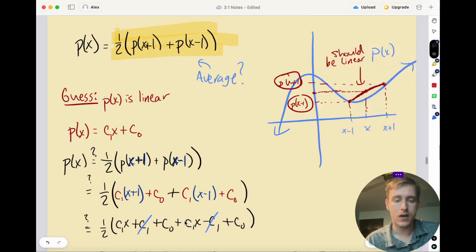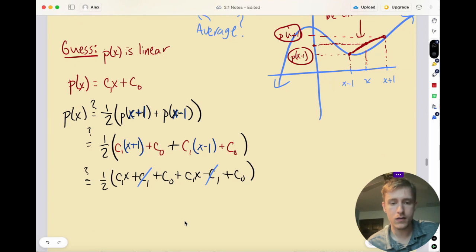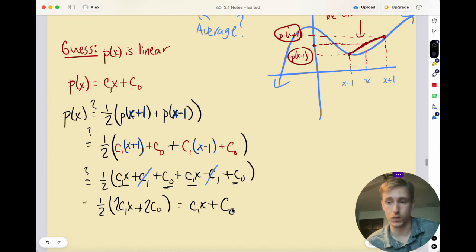And then what do I have? Well, I have two c1x's, and I also have two c0s. So this is just equal to c1x plus c0, which was p of x. So I no longer need a question mark.